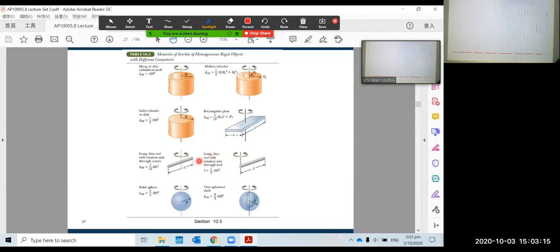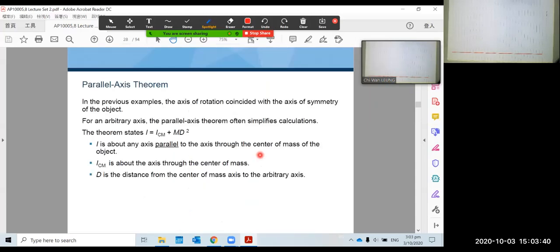If the two axes of rotation are parallel, we could relate the moment of inertia that passes through the center of mass to the moment of inertia passing through any other location by a simple equation. And that is what we call the parallel axis theorem.